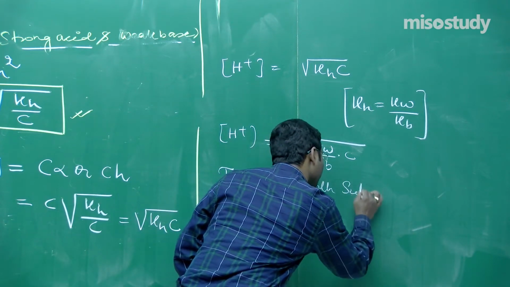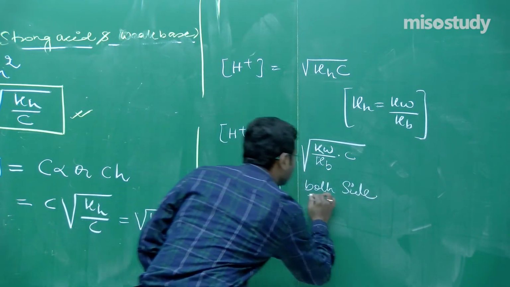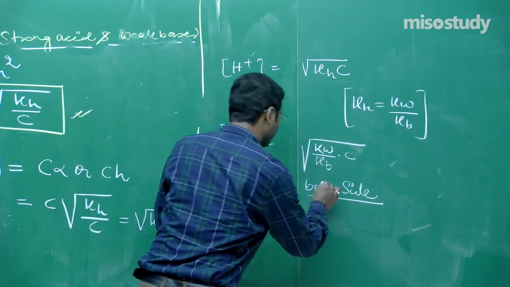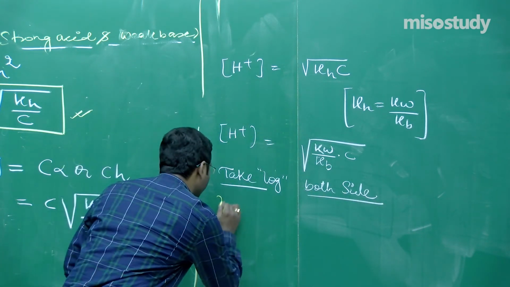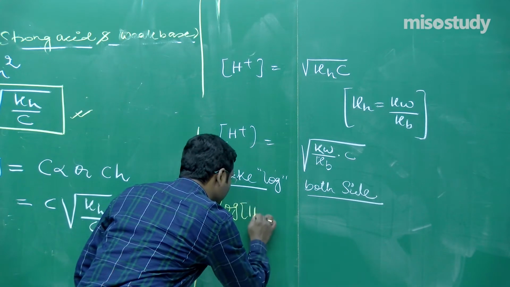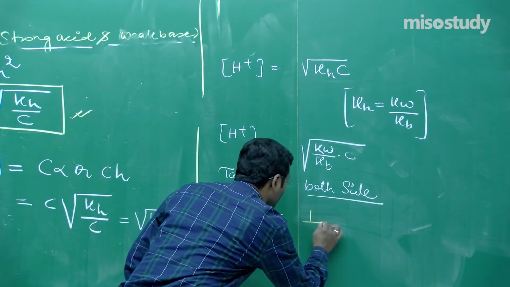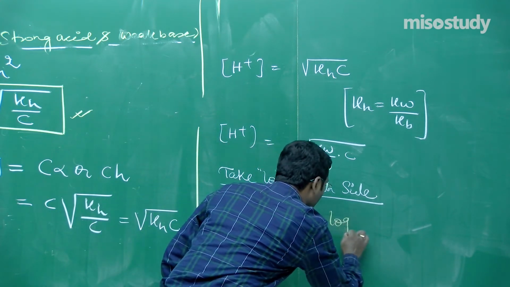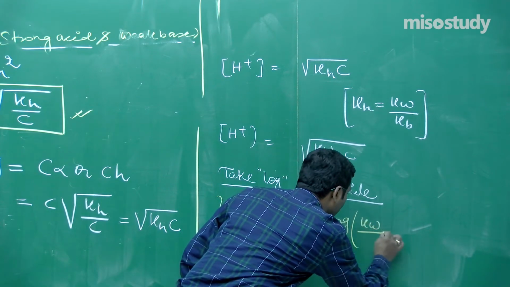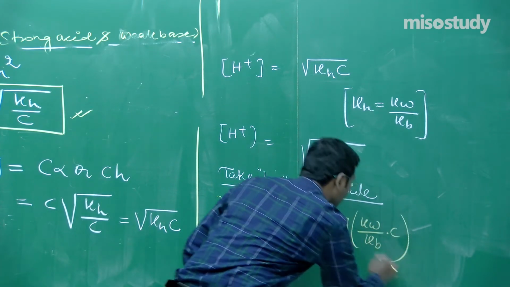That will give log of H plus ion concentration is equal to 1 by 2 log Kw upon Kb into C.